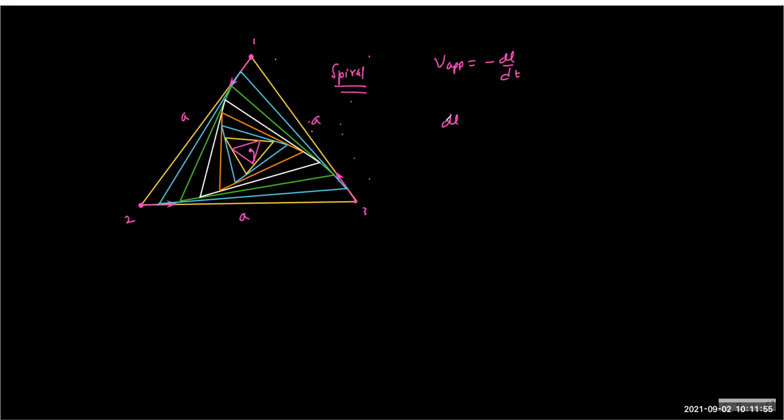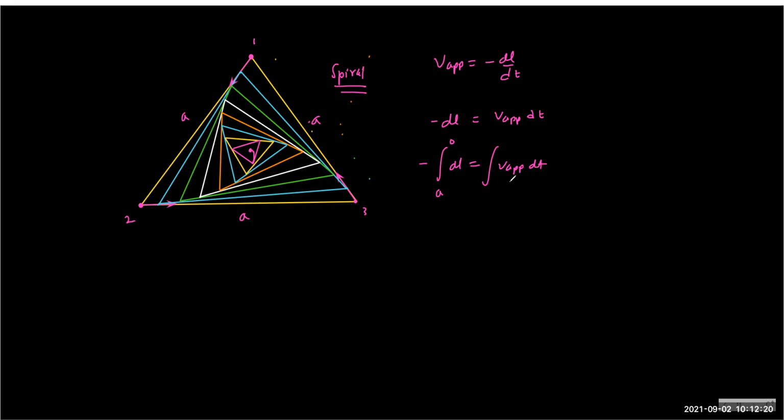Therefore, we can write dl as V approach into dt, right? If I integrate both sides, the initial gap is A and the final gap is 0. But here, luckily, the V approach is a constant value. Why? Because they all remain on the same equilateral triangle.